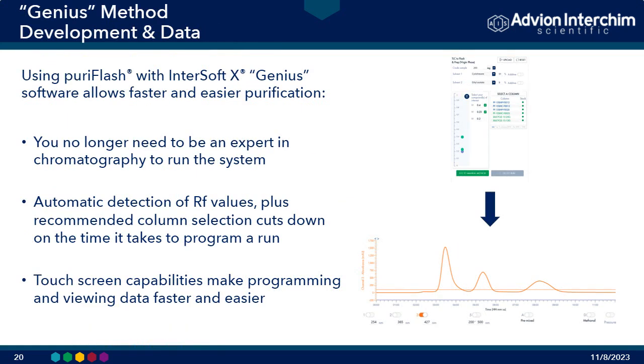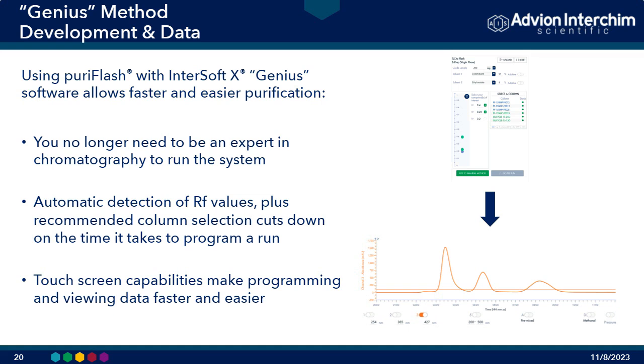Okay, so what this allows for is easier and faster purification of your compounds. So you no longer need to be an expert in chromatography to set up a gradient. You can set up a gradient using your TLC plate that gives you high confidence level of being able to separate those compounds. It will detect the RF values automatically, and then it will also recommend a column.